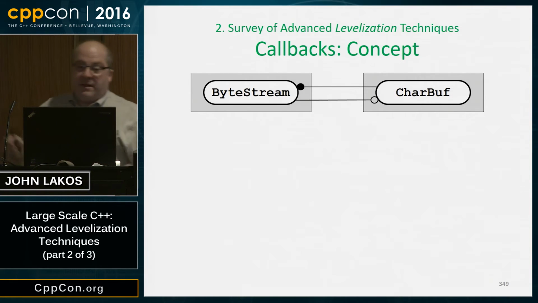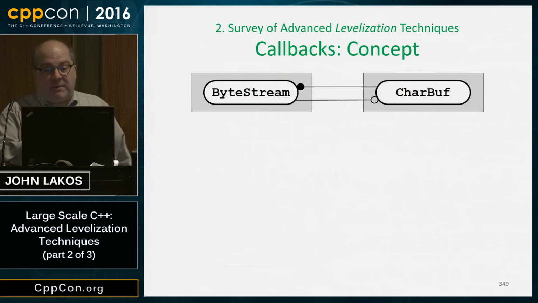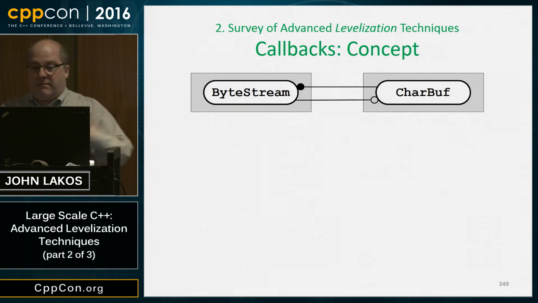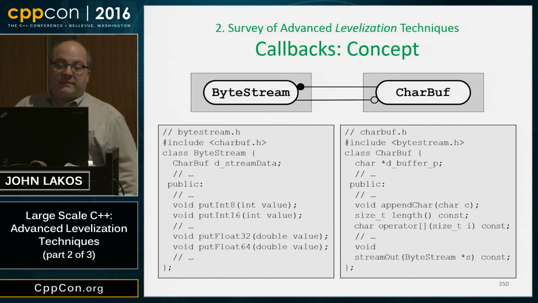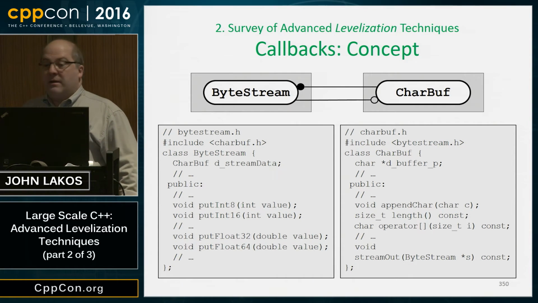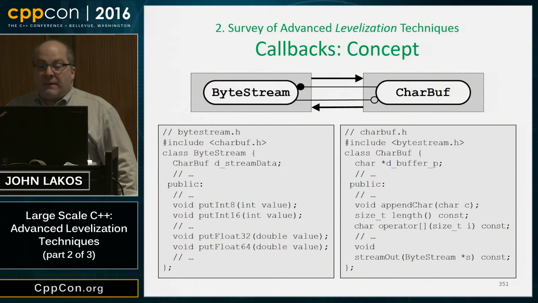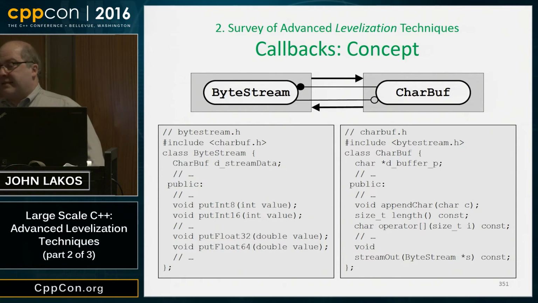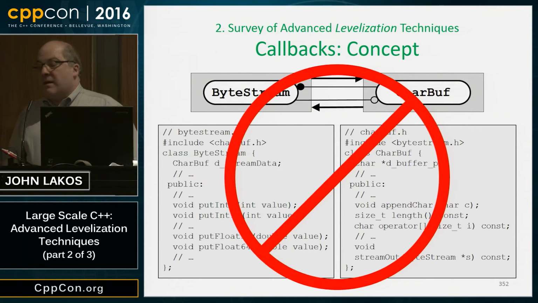But anyway, I have the byte stream and the char buff, and they're including each other. It's very unfortunate. And that causes a cycle. And the cycle is not good. So what would you suggest I do? Having just seen what we did before, what would you suggest we do?